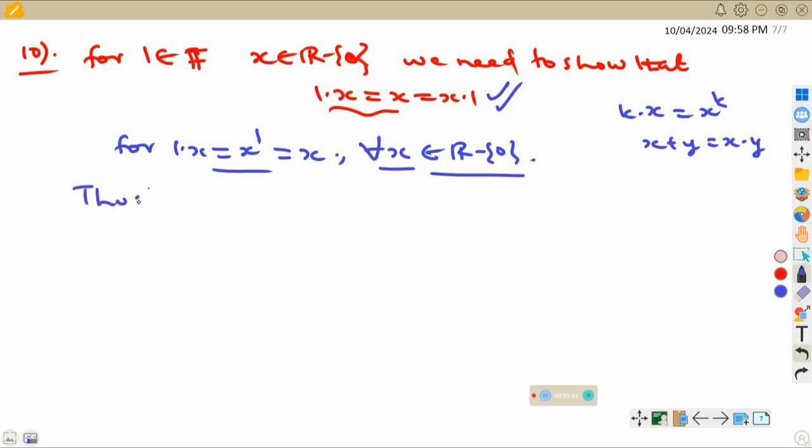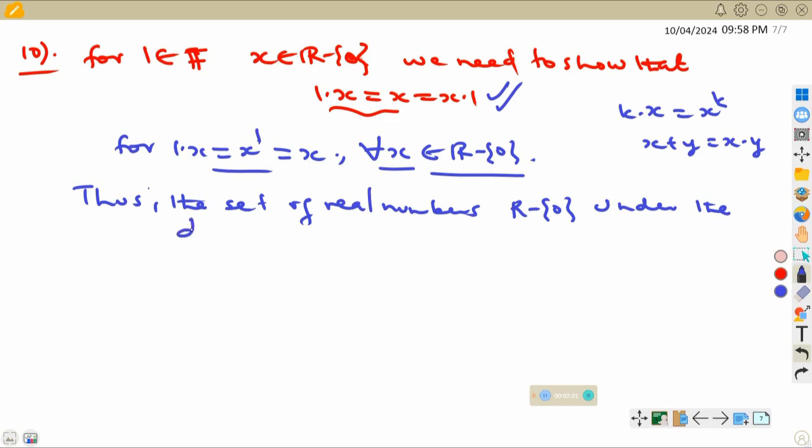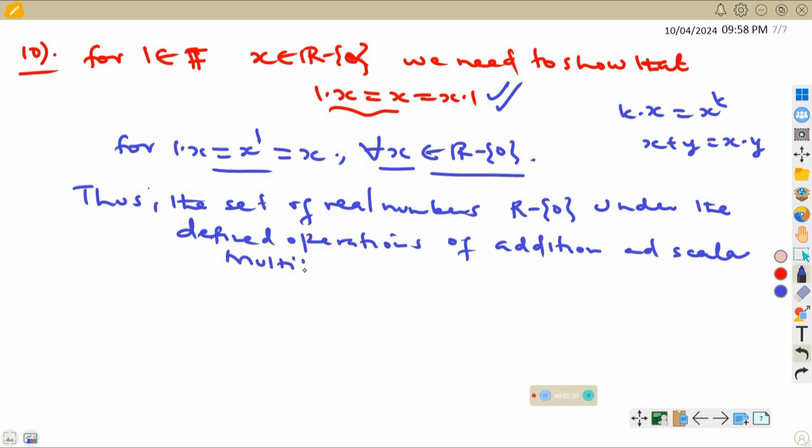Thus, the set of real numbers, R minus 0, under the defined operations of addition and scalar multiplication, forms a vector space.